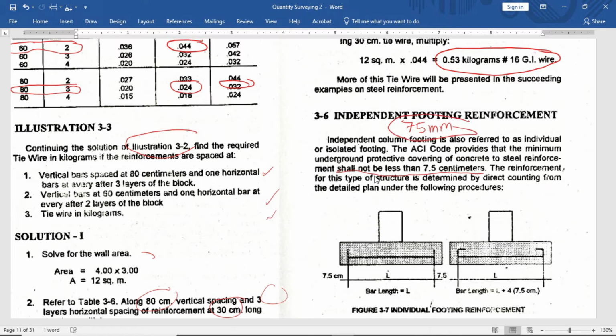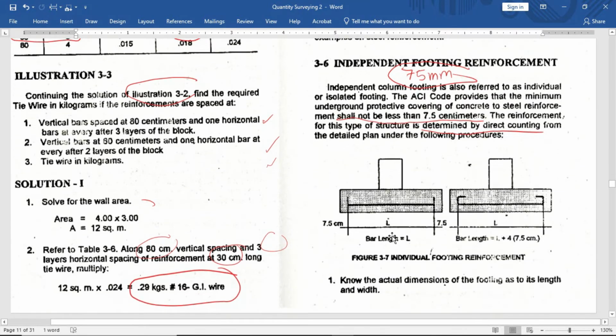So, the reinforcement for this type of structure is determined by direct counting from the detailed plan under the following procedures. So, determined by direct counting. So, ito yung example natin sa individual reinforcement. So, bawal daw, ito yung tinatawag nating concrete cover.